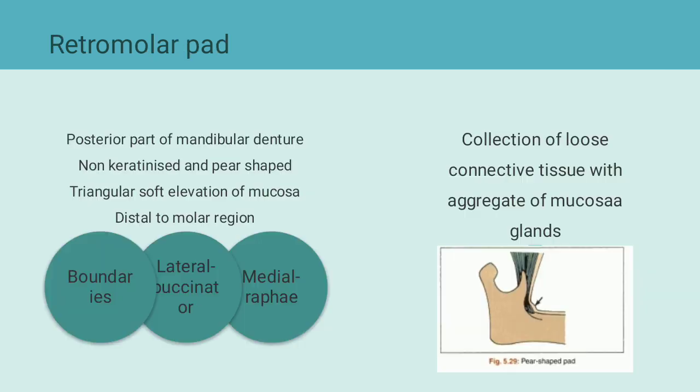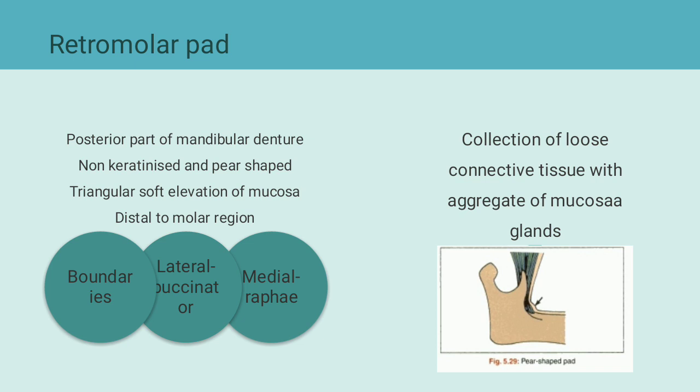Next, the retromolar pad. It is the posterior part of the mandibular denture. It is non-keratinized and pear-shaped. Anatomically in the mandible, it is a triangular soft elevation of mucosa.